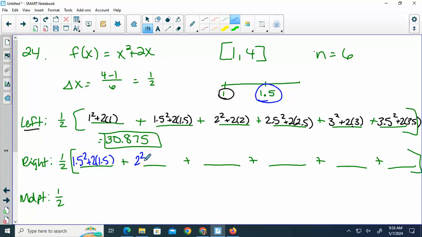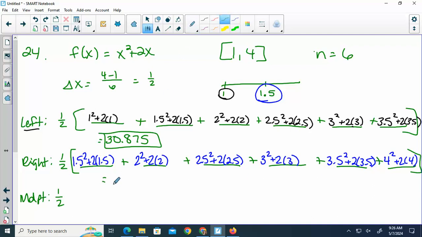So then we have the 2, the 2.5, the 3, the 3.5, and then the last one is the 4. And if you plug that all in, you should get 41.375. So we can tell the left-hand sum was our underestimate, the right is our overestimate here.